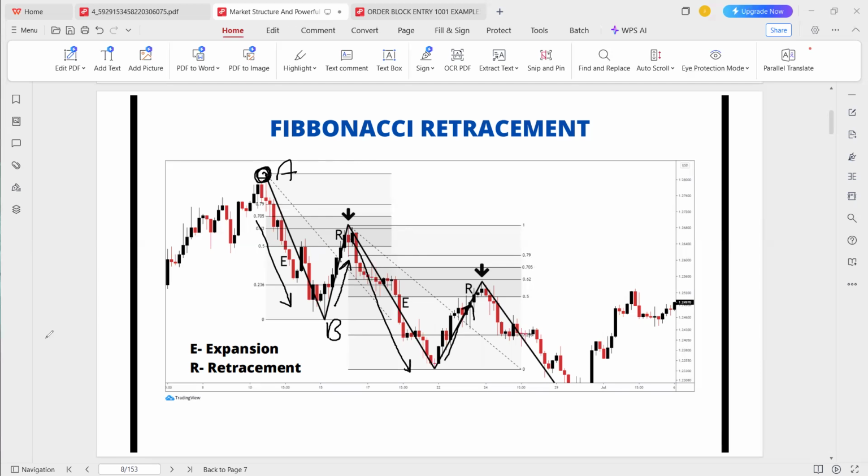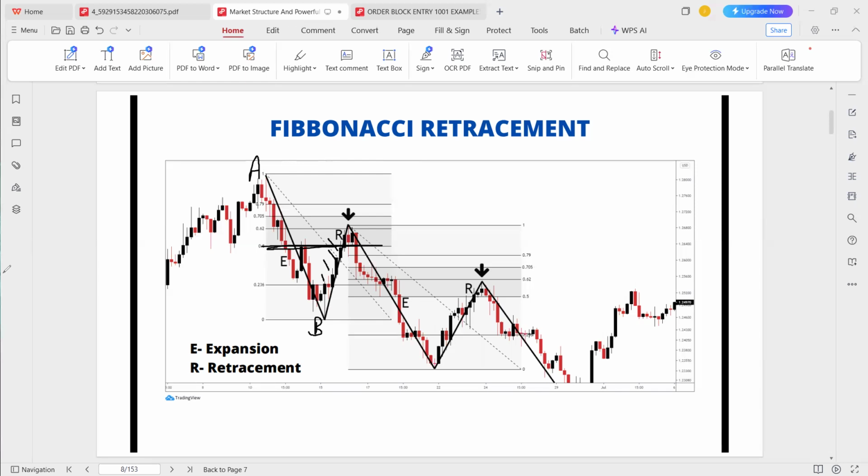So with that in mind, as soon as you get your expansion starting from point A to point B, you map out your fib. Then what you're doing now is watching price as it is retracing like this. As soon as it retraces into the halfway mark of your actual expansion, that's where we start actively looking for setups.